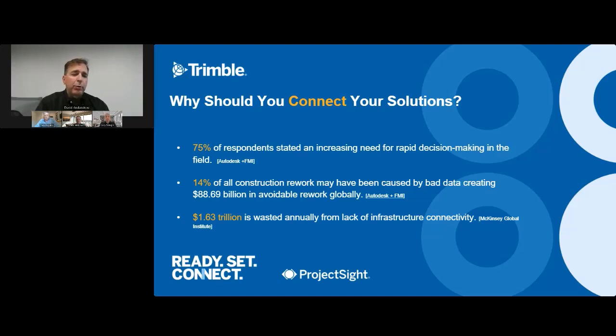When you point to the waste, not having that connectivity leads to a lot of duplication of effort and a lot of delay in getting the right data and documents to people so they can do their job.